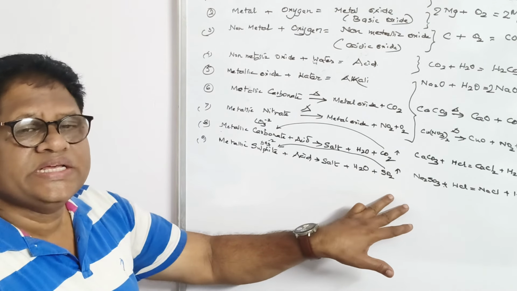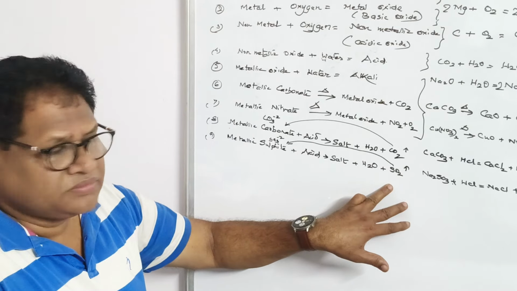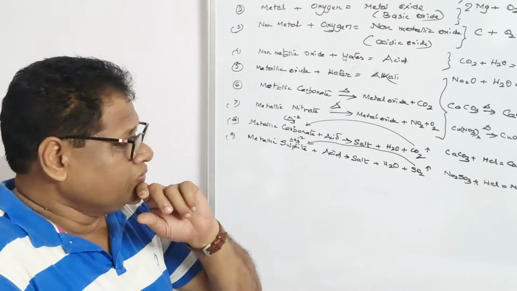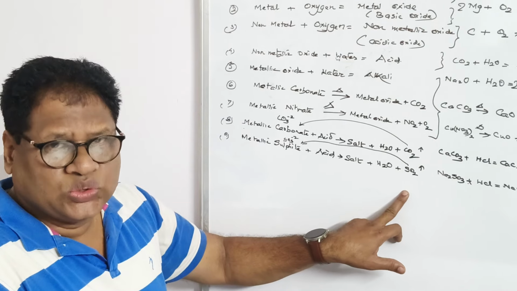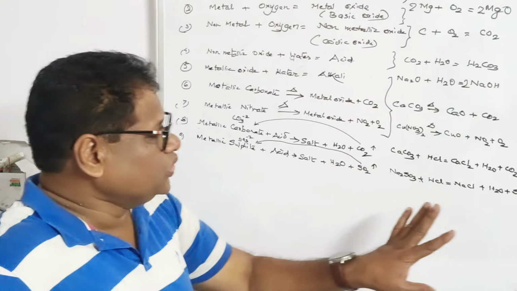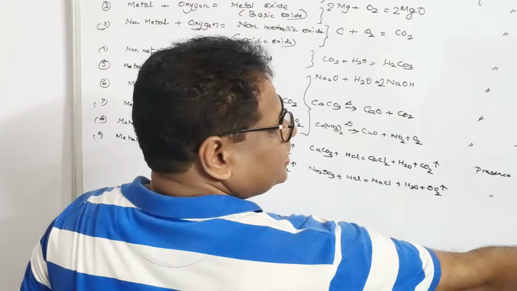You know, sulfur dioxide has pungent odor, it turns KMnO4 solution pink to colorless, and it turns potassium dichromate solution orange to green. All this confirms that the gas is SO2. So here the evolution of SO2 confirms the presence of sulfite in the salt.